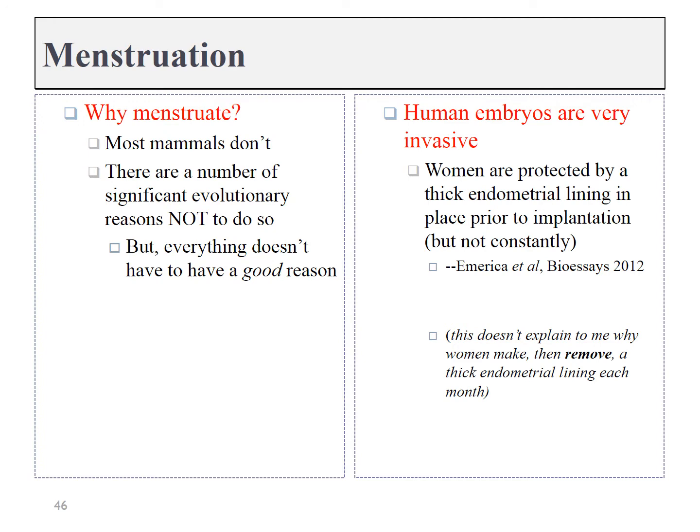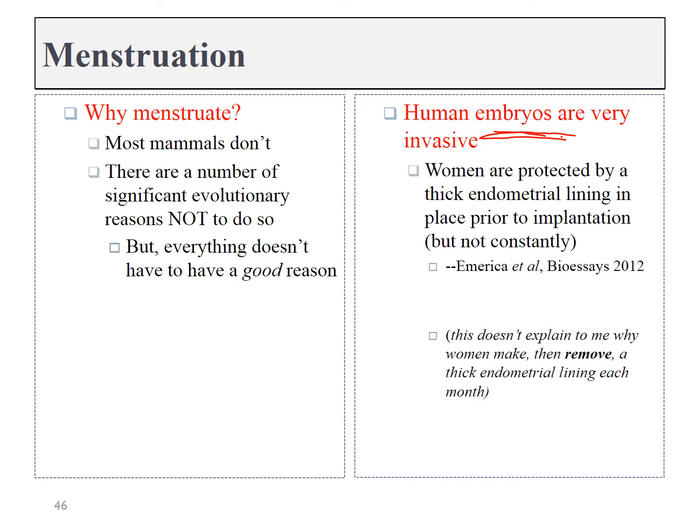I can give you a good reason for why women produce a thick endometrium in the first place, though, and that's because human embryos share quite a bit in common with parasites. They can digest epithelial linings, destroying blood vessels, and then deriving nutrients from that blood. They can also trick the immune system, shutting it off in an attempt to protect themselves from an immune response.